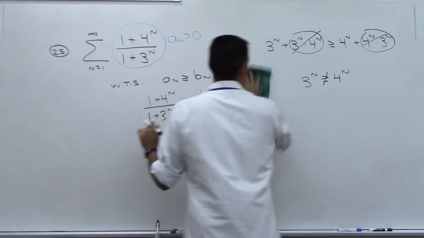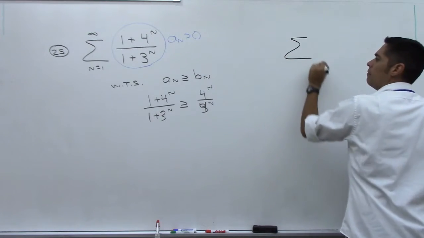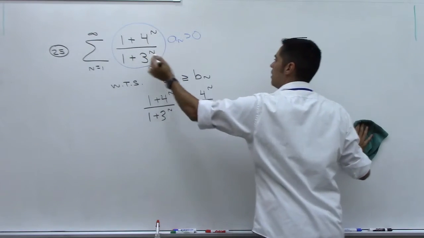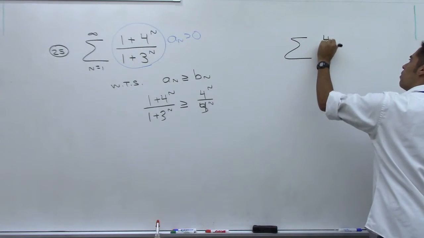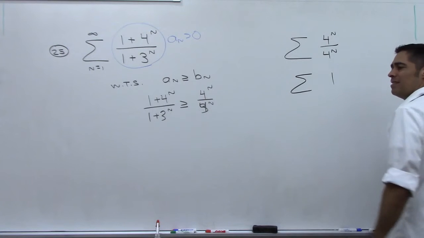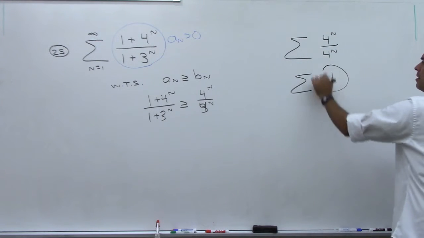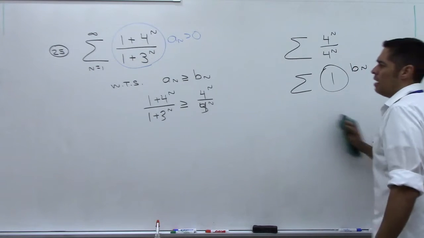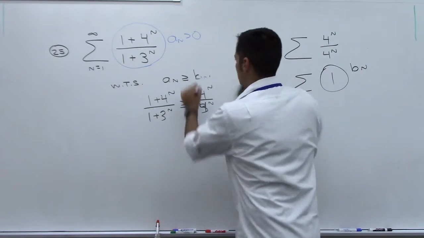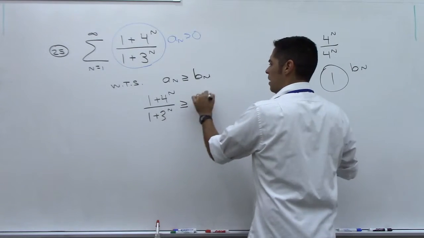So let's see. Instead of comparing it to 4 to the n over 3 to the n, let me compare it to 4 to the n over 4 to the n. Well, wait a minute. That's just 1, isn't it? So I'm comparing this thing. This is my new b sub n. I want to show that my a sub n is bigger than my b sub n. So I want to show that this is just bigger than 1.